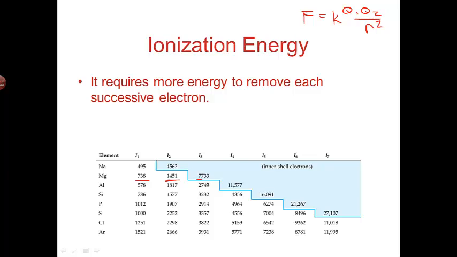It multiplies by 3 to 4 times as much. So the jump in energy that it takes to get the third one out versus the second is a much larger increase than it was between the first and the second.